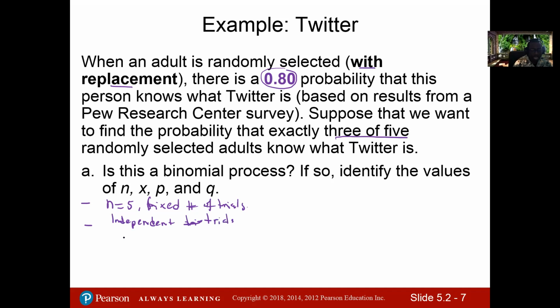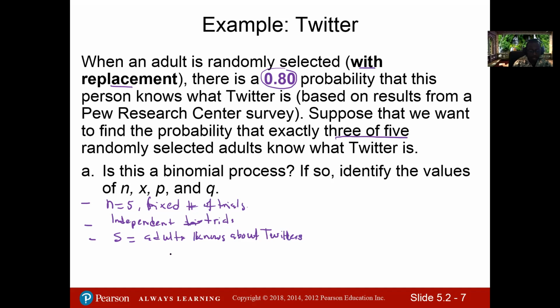And then the third is about the probability of success. Your success S here is that the adult knows about trader. They asked this when trader first became public.